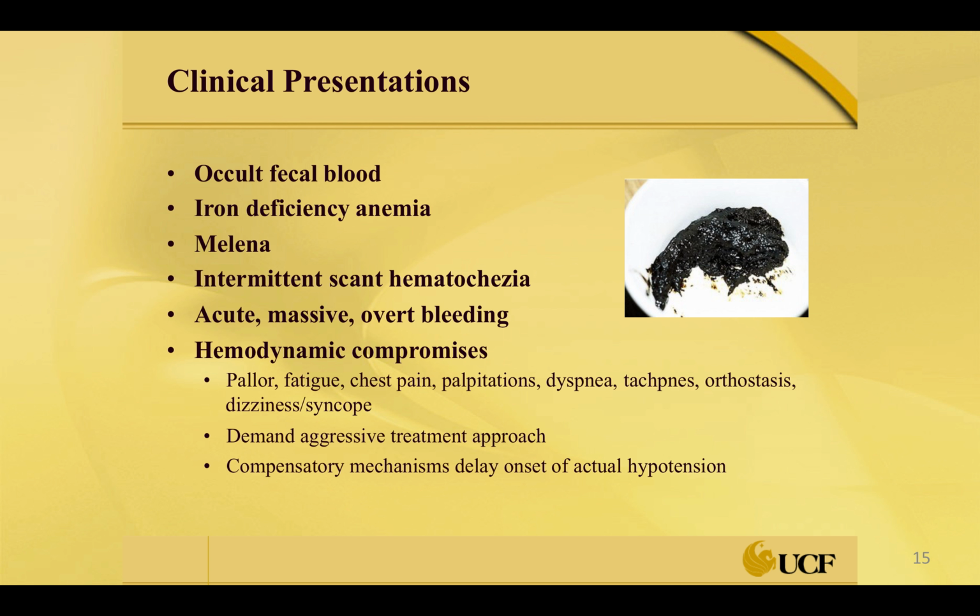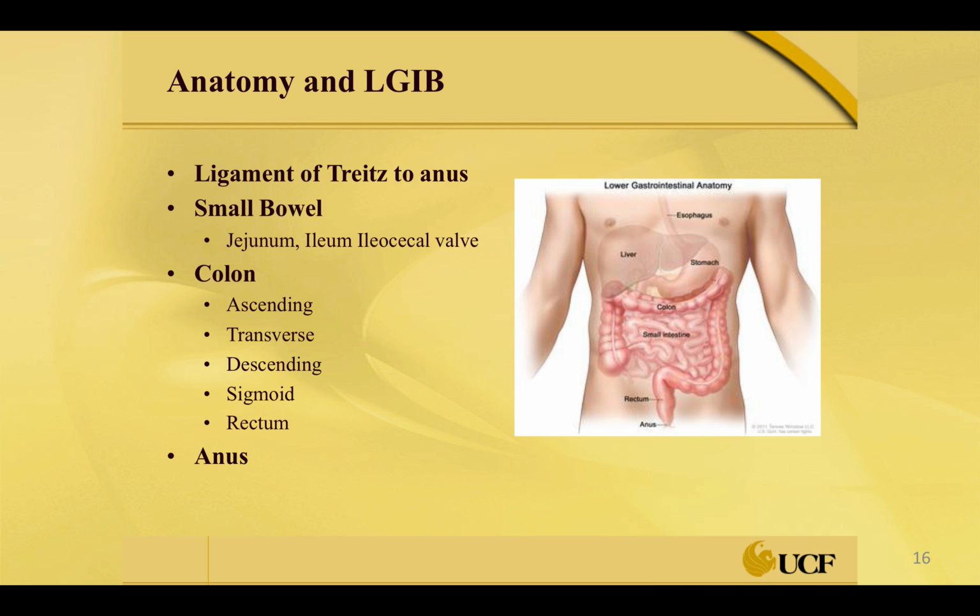All these presentations demand an aggressive treatment approach, and the compensatory mechanisms delay onset of actual hypotension. So don't be fooled. Don't wait until the patient is showing overt signs and symptoms of hypotension, because then the possibility of a larger lower gastrointestinal bleed may occur.